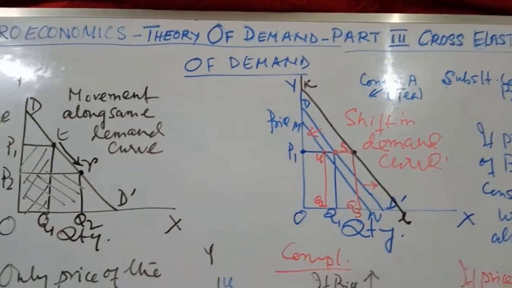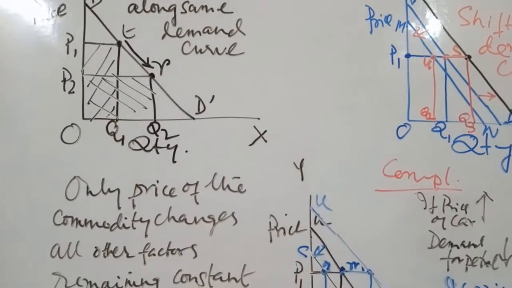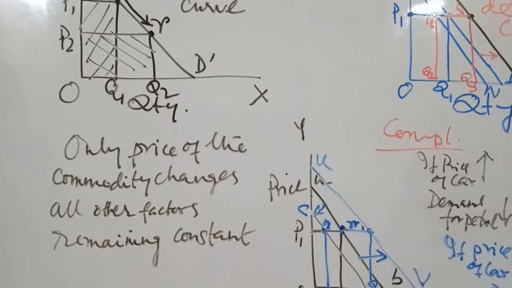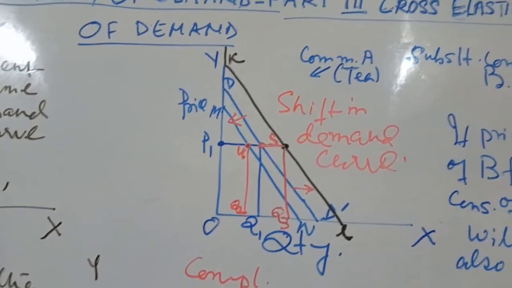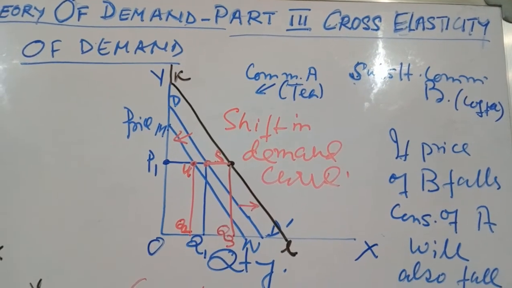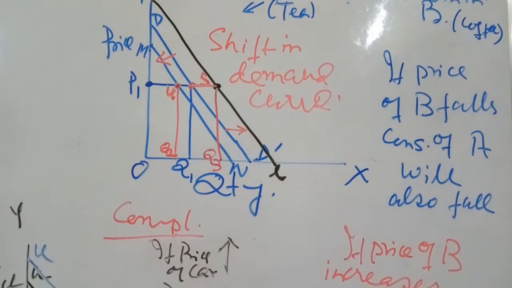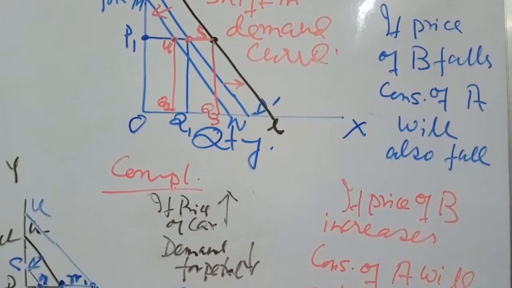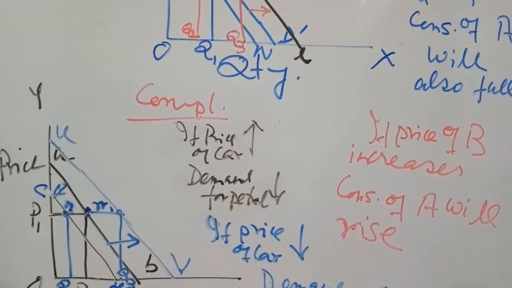So this is all about cross elasticity of demand, and this is part 3 of theory of demand. In part 1 I have discussed what is demand, what are the factors that influence demand, what is law of demand, what are the exceptions to the law of demand, and the demand function.